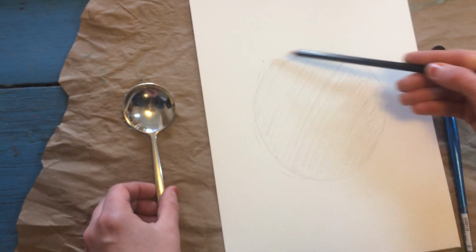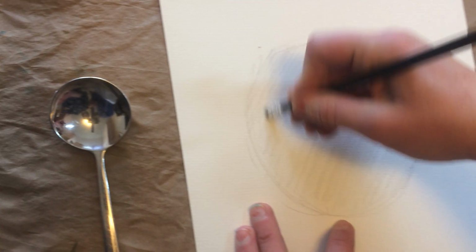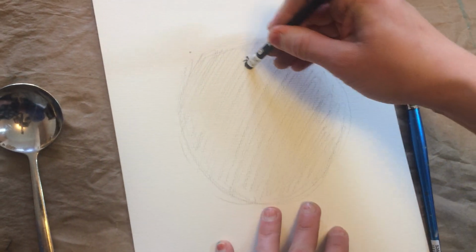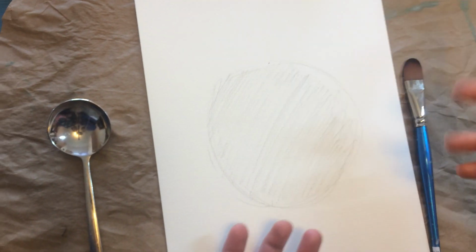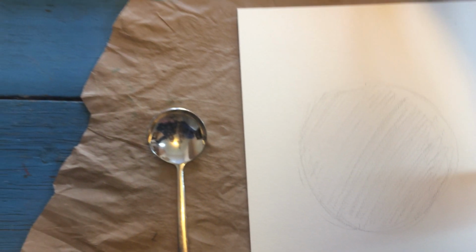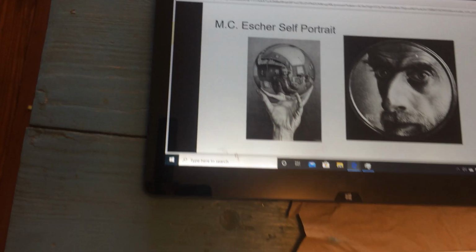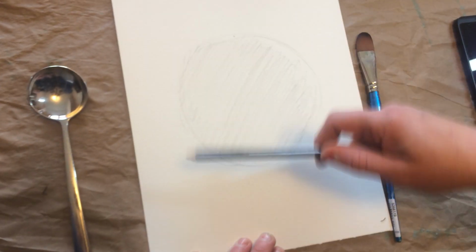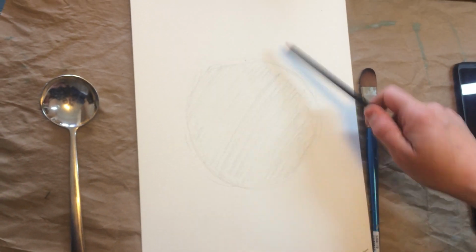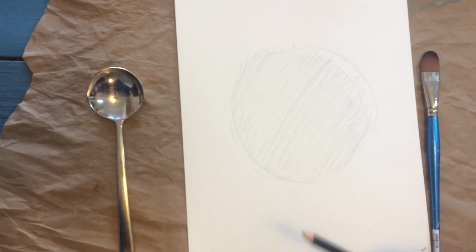So think about starting with your mirror very lightly shaded in, and then you can always erase out your lights. Then if I were to draw my hand, for example, holding this, it would definitely look like I was holding a mirror. So think about initially shading in your mirror so it's a different value than the things around it. I'm really excited to see what you come up with.